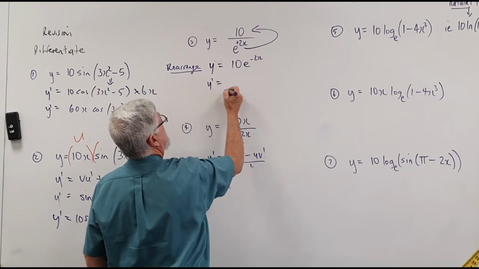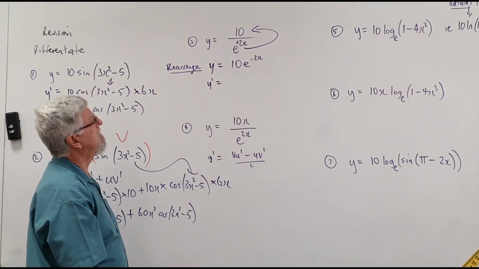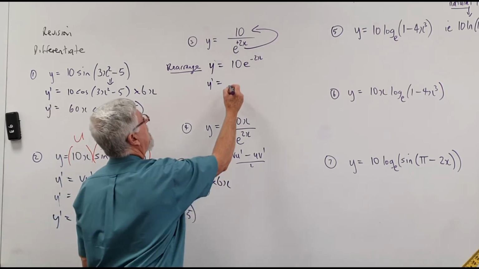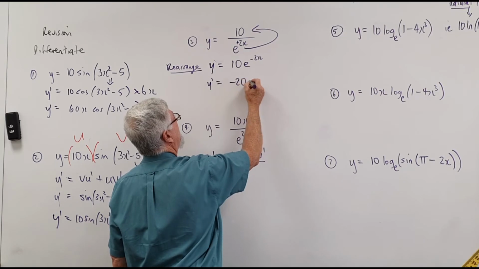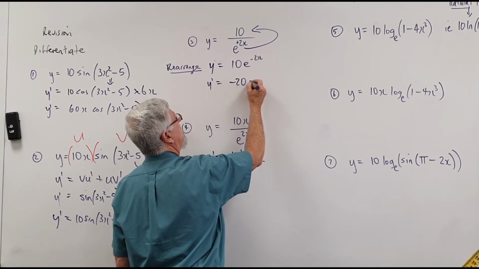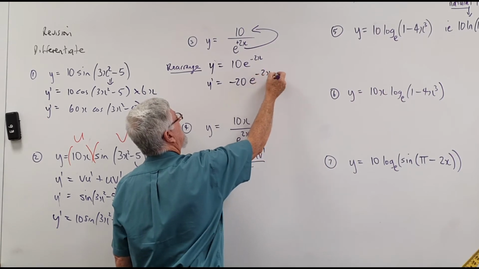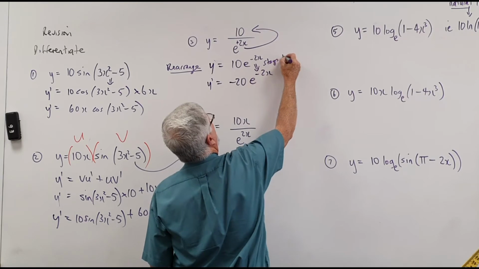Derivative, just write it straight down. Tell me what it is. Minus 20x, with minus 20 e to the minus 2x. Not x, e. So the non-think approach: stays the same.